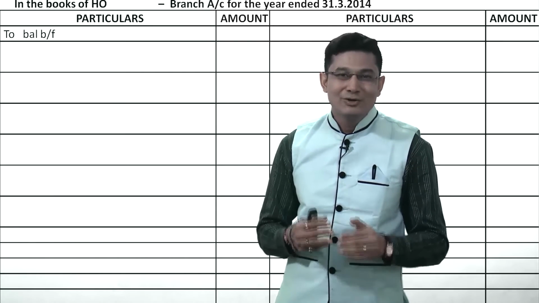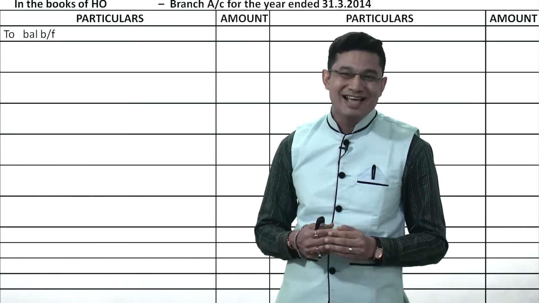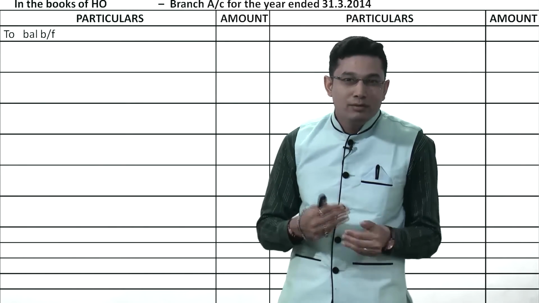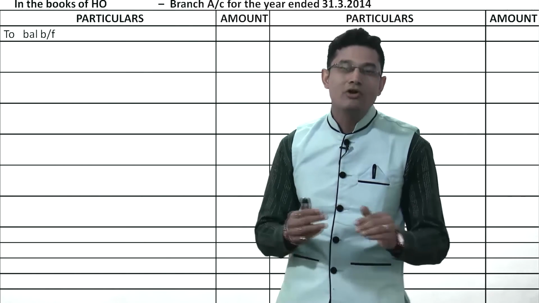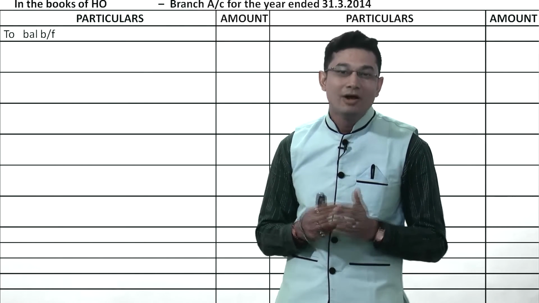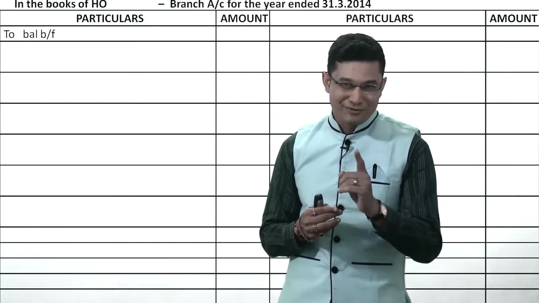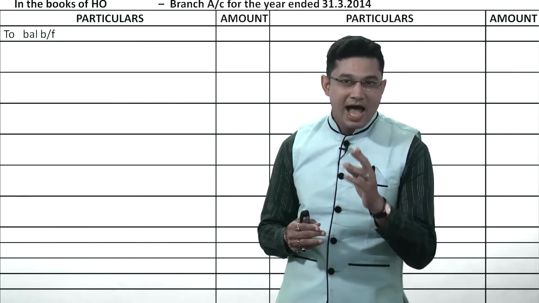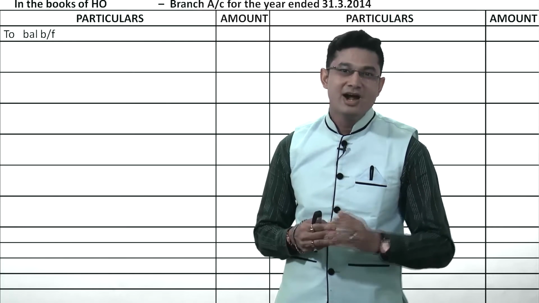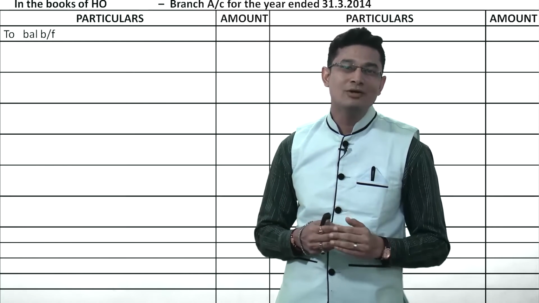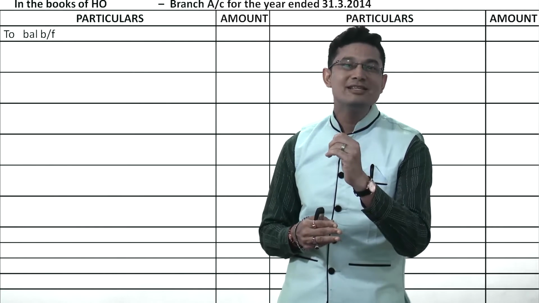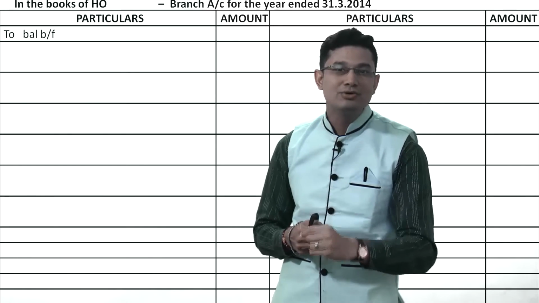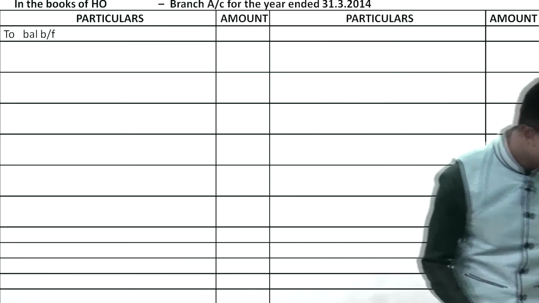But obviously, loading on goods sent to branch and loading on goods returned by branch will be disclosed on the opposite side. For your better knowledge, I will also prepare the goods sent to branch account and stock reserve account in the books of HO.